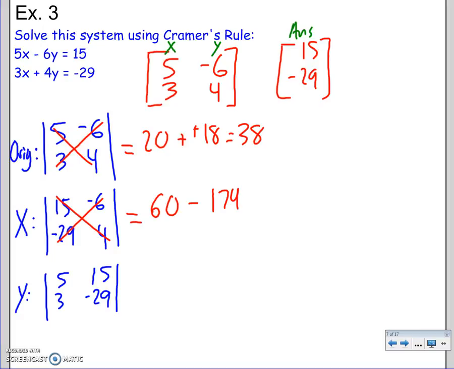I have to subtract those, so 60 minus 174 gives me negative 114. And this one, 5 times negative 29 is negative 145. 3 times 15 is 45. Subtract them, that gives me 100.